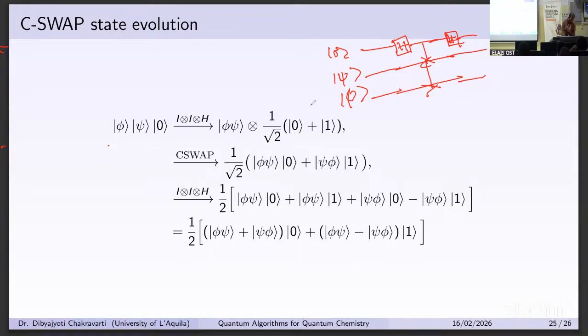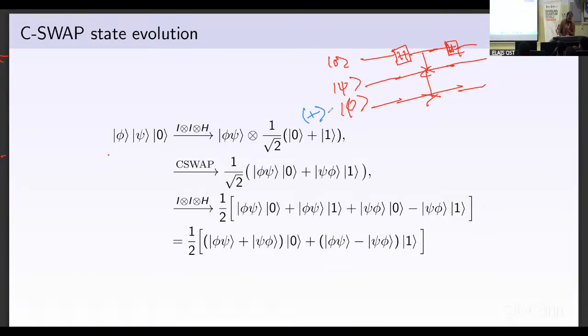Phi psi remains unchanged because there is no gate acting on psi and phi. Next, we have a controlled swap. The control is over this qubit. Since this is in the Hadamard basis, we have both 0 and 1.